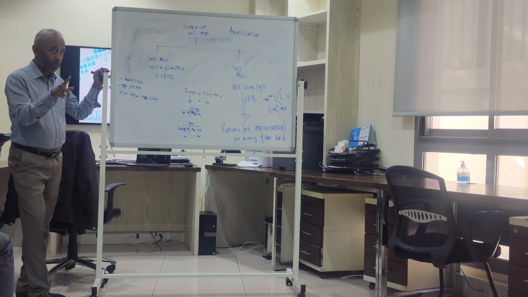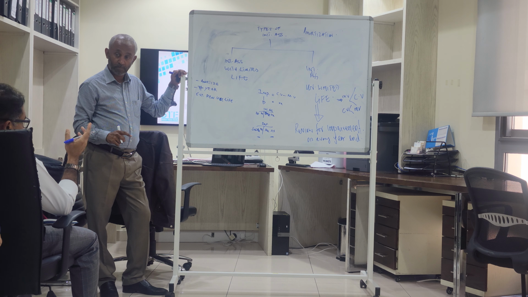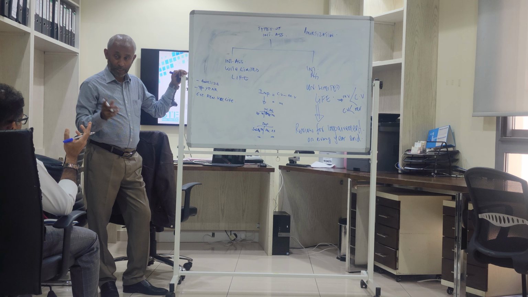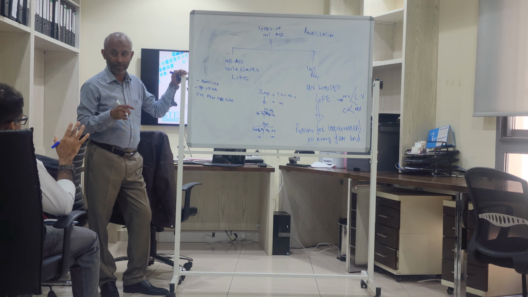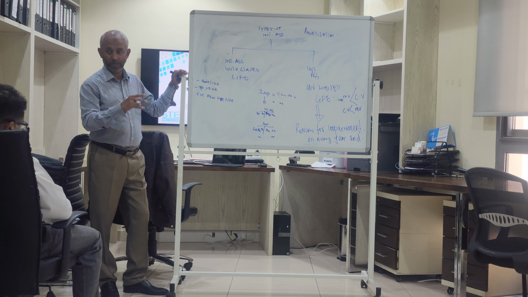Now a question: you conduct impairment this year, and in a subsequent year you get a market value that is more than the carrying value. You cannot reverse it, even if the market value is more.